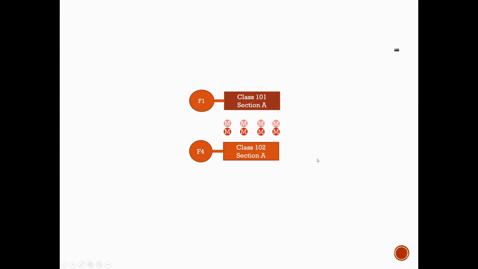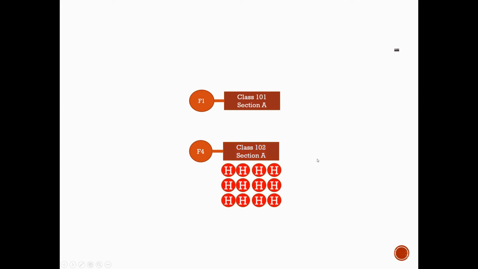So let's see what happens. Students come out of this class with high proficiency. So there's this great pass off between faculty member 1 and faculty member 4, and I'll call this vertical alignment. Between the two of them, students transform from low proficiency to medium proficiency to high proficiency.